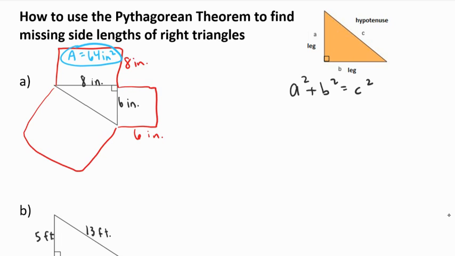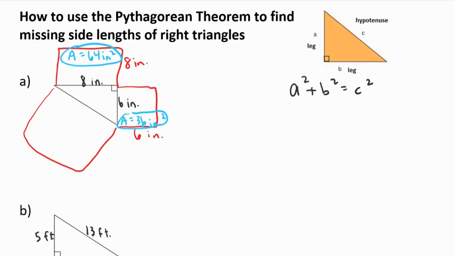And then for this square over here, it's going to be 6 times 6, which is 36 inches squared. What the Pythagorean theorem says is that the area of the two legs is going to give me the area of the hypotenuse over here.